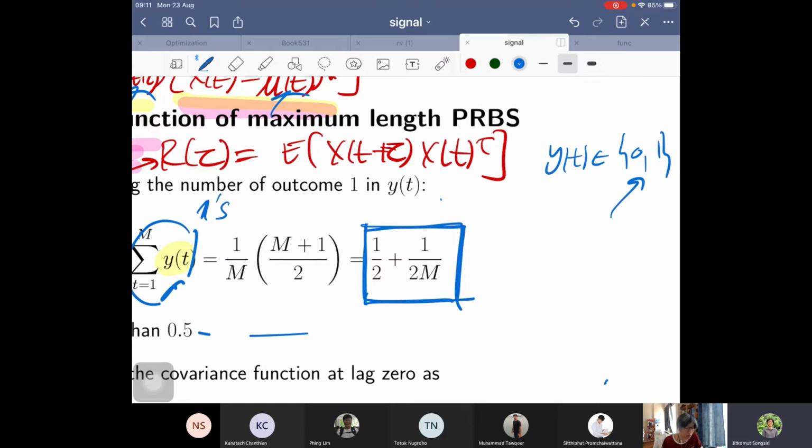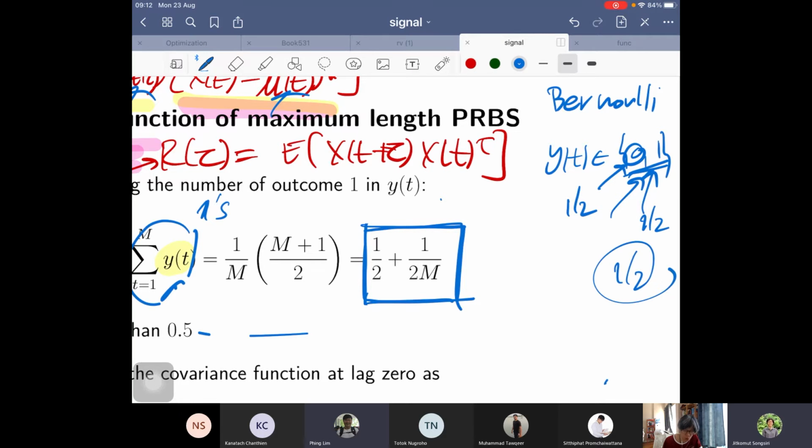The very first example we can think of is the Bernoulli random variable, right? That has equal chance: the chance of occurring 0 is 1/2, the chance of 1 is also 1/2. If you look at that random variable, what is the mean? It should be half, I think. Yes, the mean should be 1/2, right?